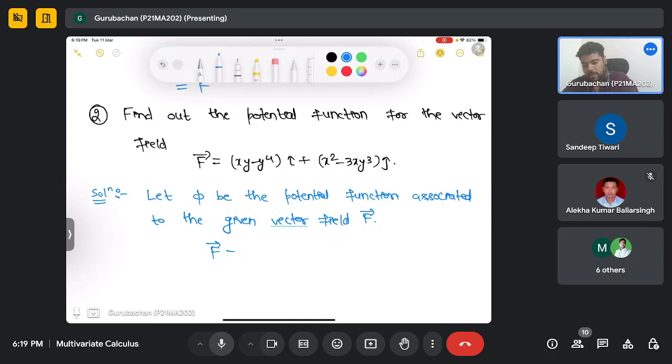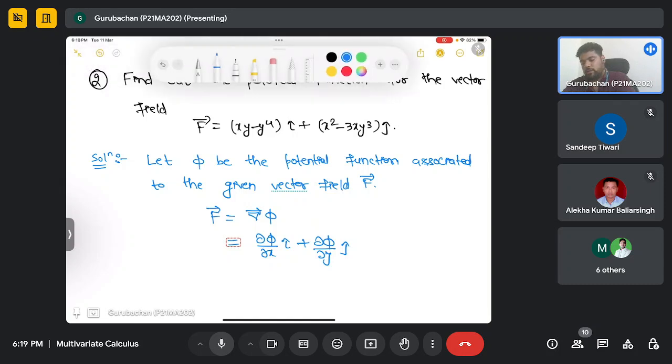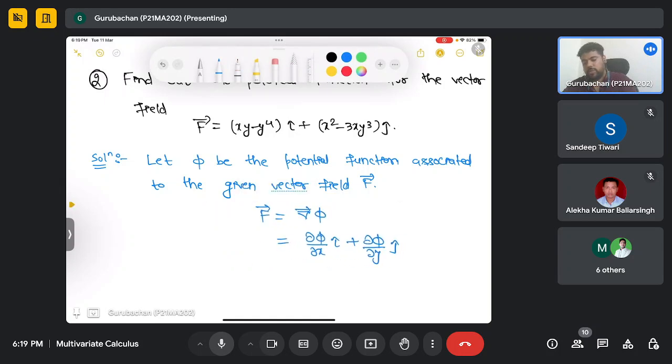Okay. So this will be del phi. Since here we are working in two components, it will be del phi del x i cap plus del phi del y j cap. And we have been given our function in this particular form.